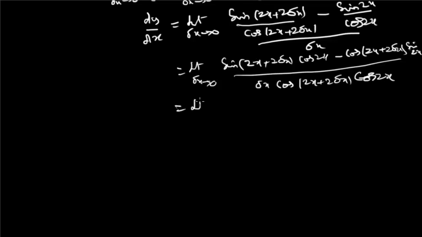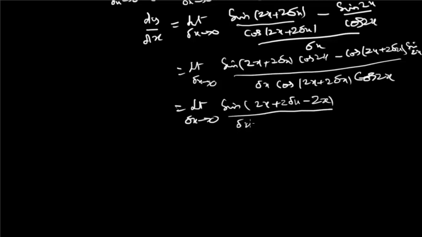So it is equal to limit delta x tending to 0, sin of 2x plus 2 delta x minus 2x, that is the expansion of sin a minus b, divided by delta x into cos of 2x plus 2 delta x into cos 2x. Now in the numerator, this 2x and minus 2x cancel, sin 2 delta x is there.